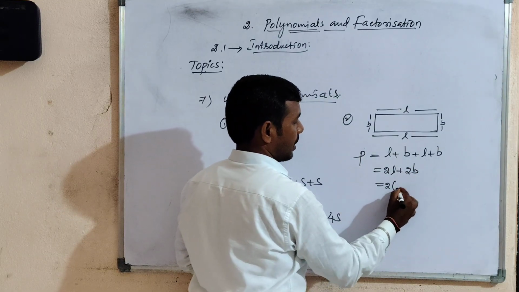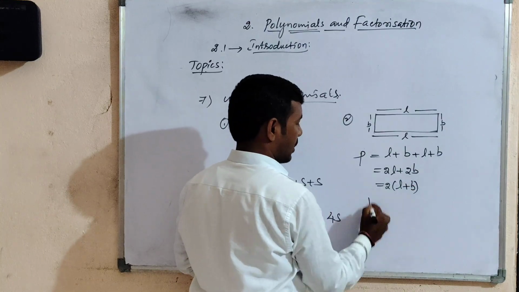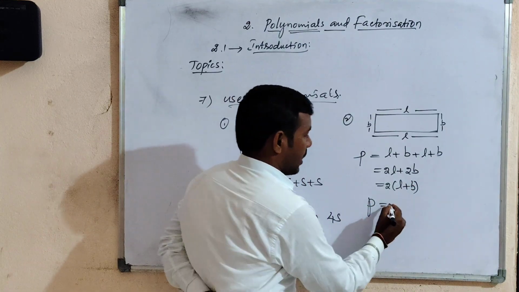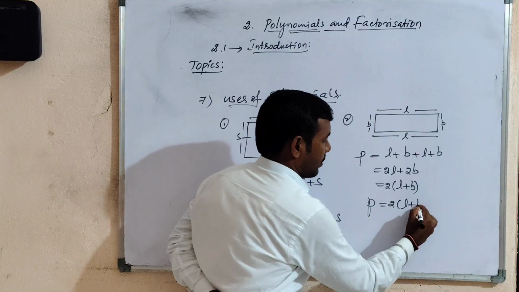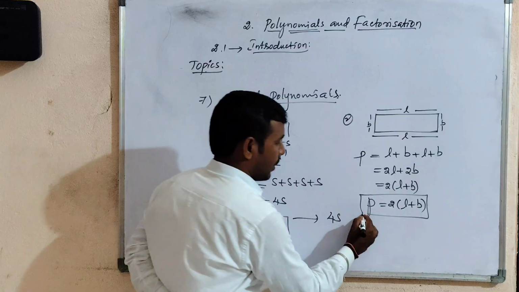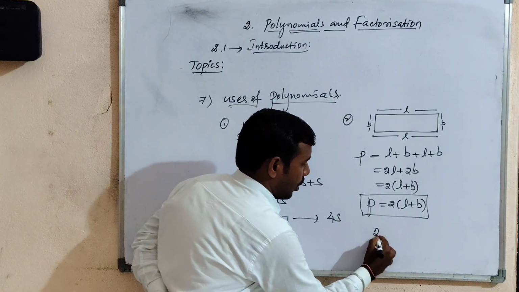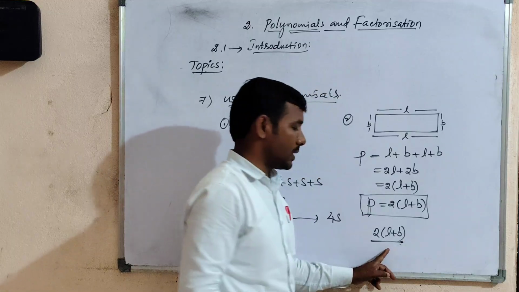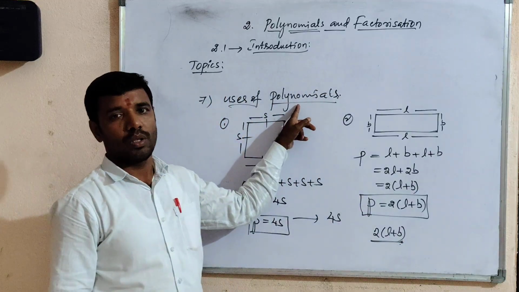Let us take 2 common: 2 of L plus B. That is the perimeter. Perimeter of the rectangle is 2 of L plus B. This is one of the formulas. In this formula, 2 of L plus B, what is this? A polynomial.